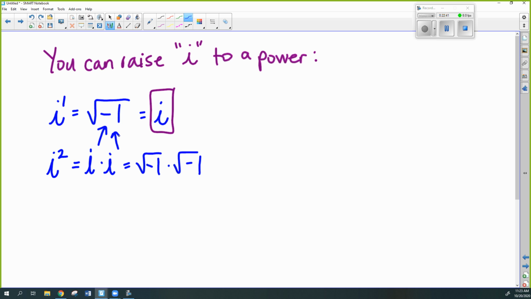What's the square root of anything times itself? That's our shortcut that we talked about. What's the square root of anything times itself? So like in our homework, we were doing something like the square root of 3 times the square root of 3, and we took a shortcut.